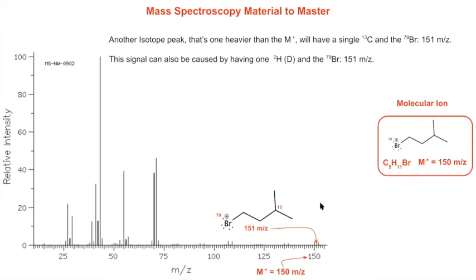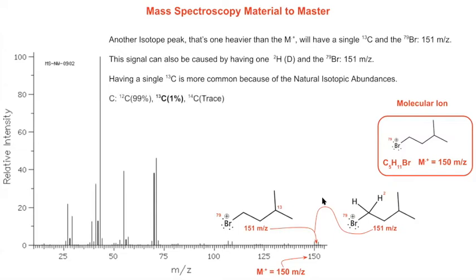Or instead of a carbon 13, we have a deuterium, H2. It'll also show up at that position there. But you most likely will have carbon 13 over hydrogen deuterium, because deuterium is 0.01% abundant, and carbon 13 is about 1%.